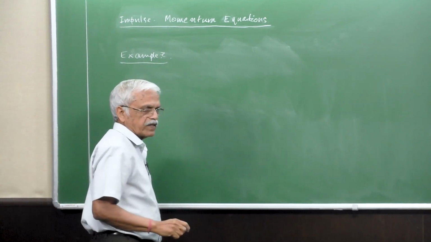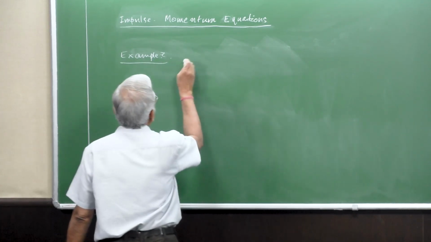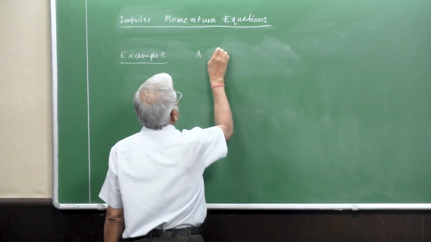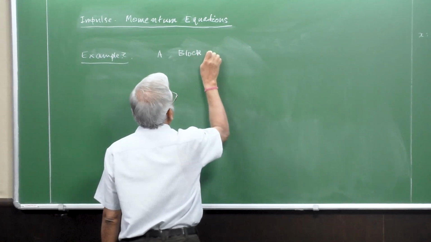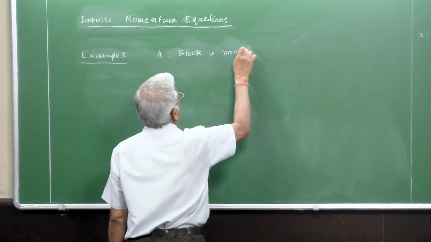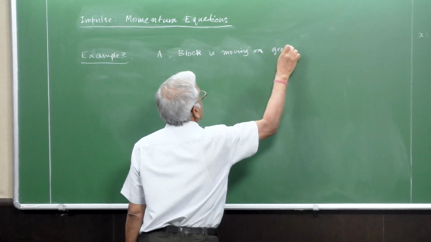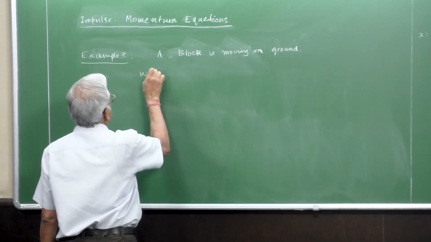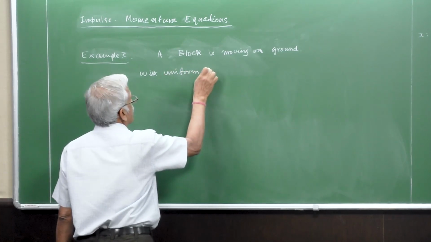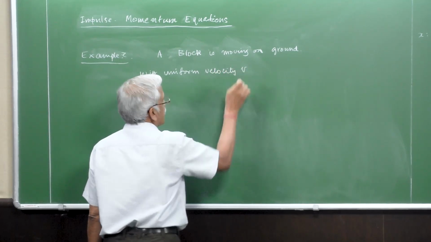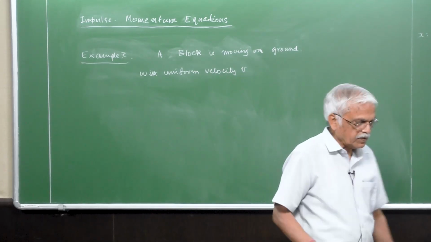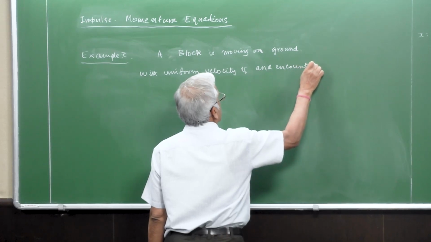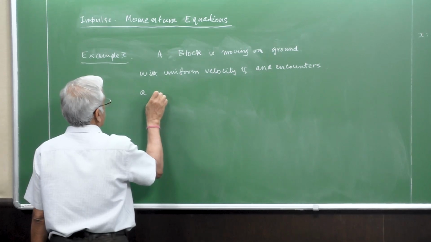So here we have body, size and shape. One example which we take here is a rectangular block moving on the ground with a uniform velocity V naught, and encounters a very small obstacle.